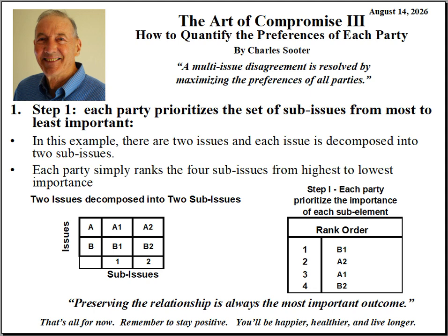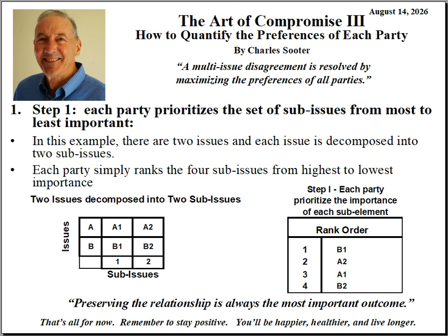To resolve any issue or sets of issues, one way to proceed is to break down each issue into separate elements, if they're divisible, and most times they are if the parties make a creative effort to do so. The separate elements of an issue don't need to be of equal value.